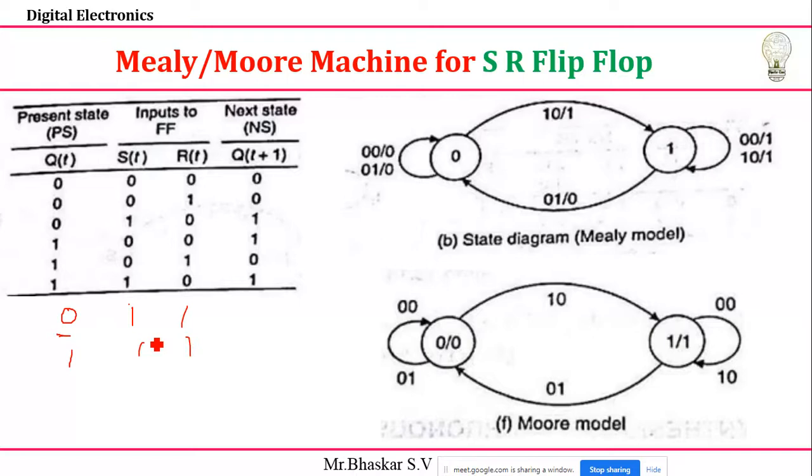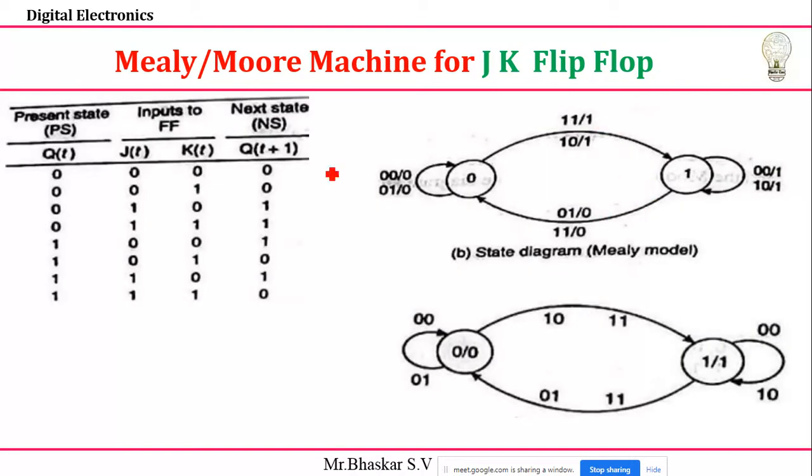What is the action in a JK flip flop if both values are 1 1? I told you these conditions. There will be 4 conditions, but previously, for an SR flip flop, I took 3 conditions. If JK values are 1 1 and the present value is 0, the next state value is 1. That is what we call the toggling condition of a JK flip flop.